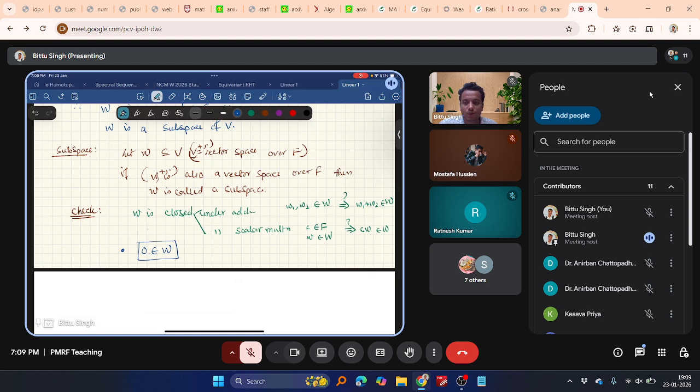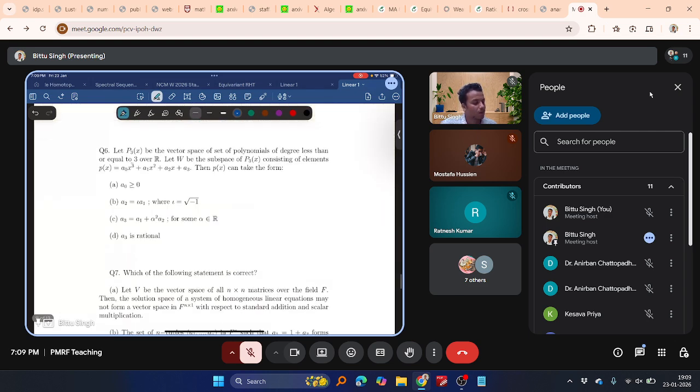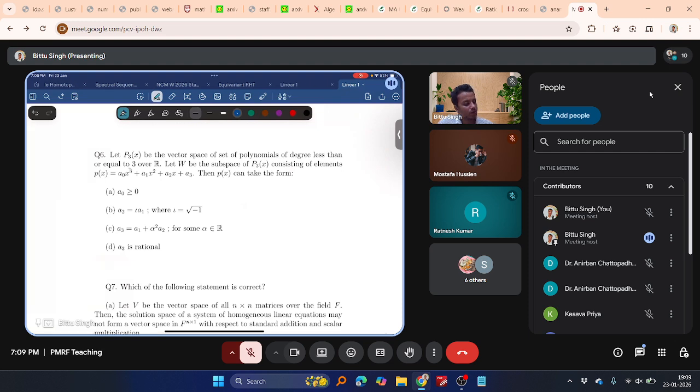If 0 does not belong to W, we will not check further, because it will never be a vector space. Note that in P3(x), we already know how to add, by adding the coefficients, and we also know how to multiply all the coefficients by a fixed scalar.